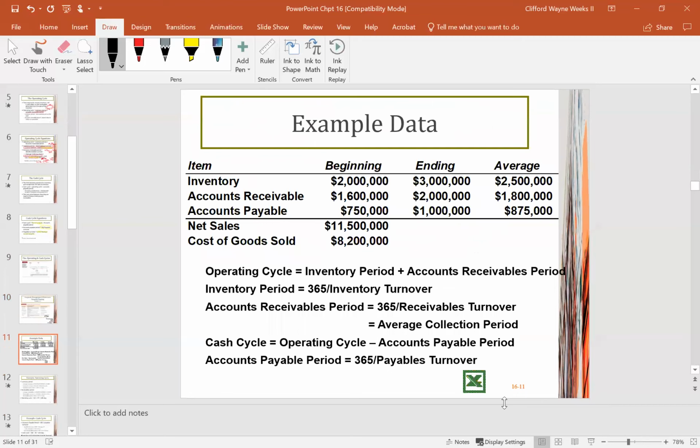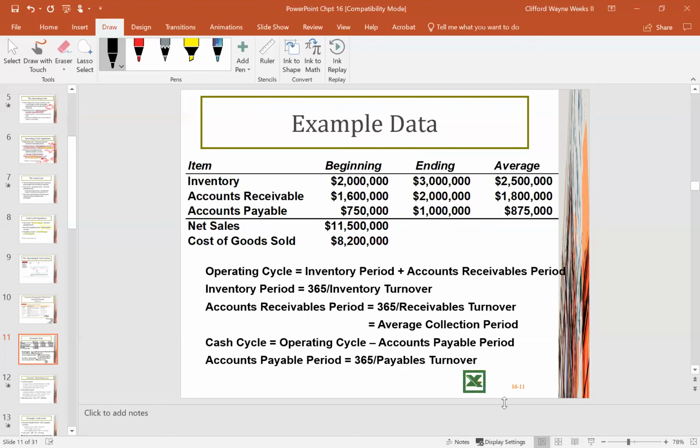And so we have an example. Again, this is going to be a question on the exam. Know that for a fact, which is basically understanding how these different cycles interact. We have beginning and ending of inventory, accounts receivable, and accounts payable.